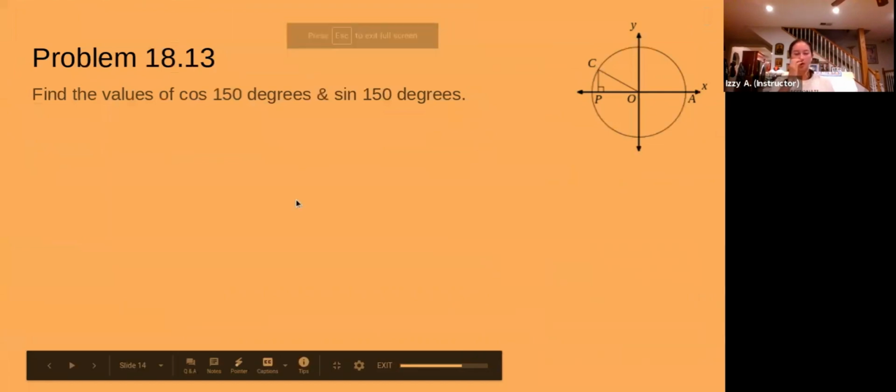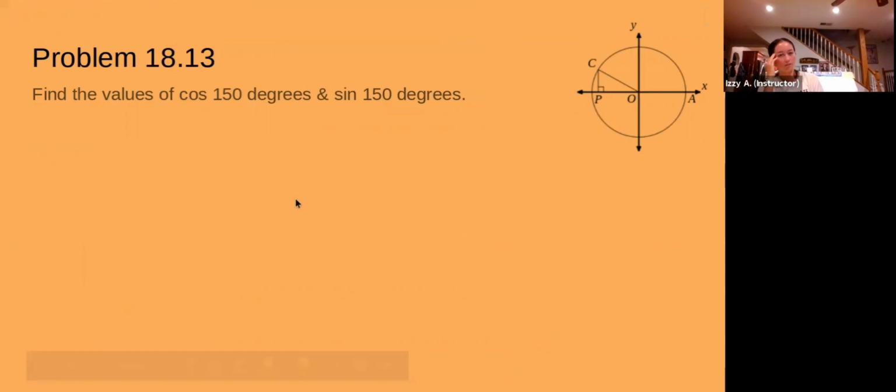Okay, so in this problem, we want to find the values of cosine of 150 degrees and sine of 150 degrees.